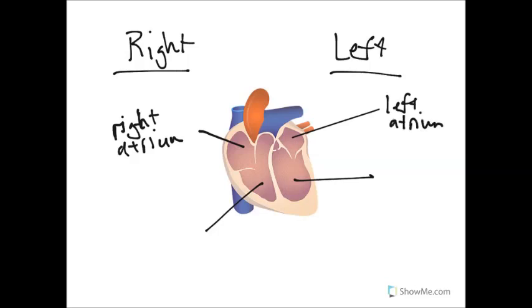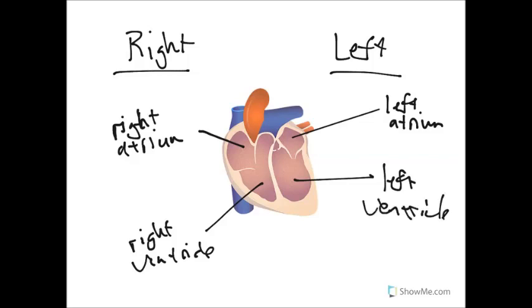Now, we're going to see that the atria, plural, receive blood from the veins. And there's also going to be a right ventricle and a left ventricle. And the ventricles will pump blood out to arteries.